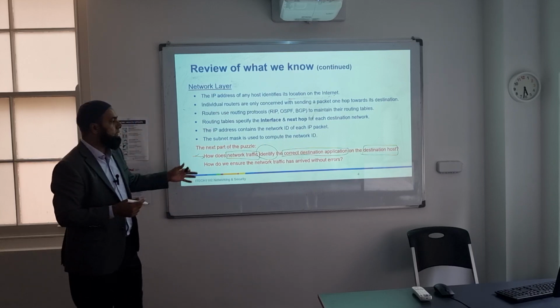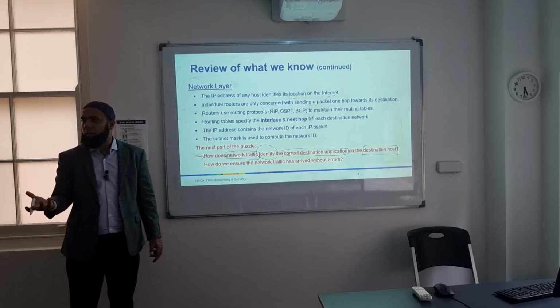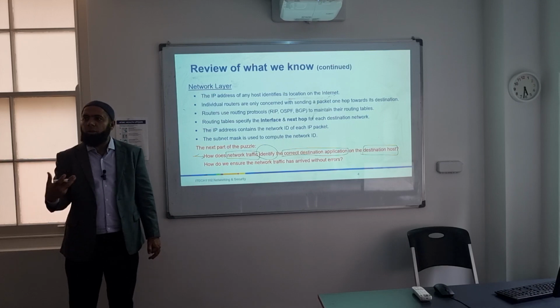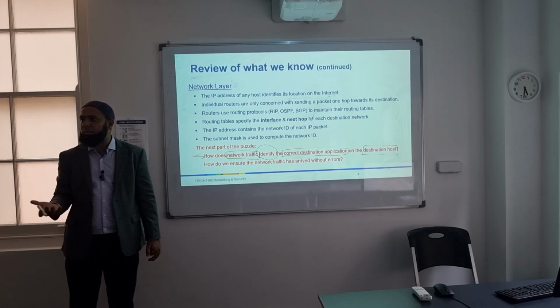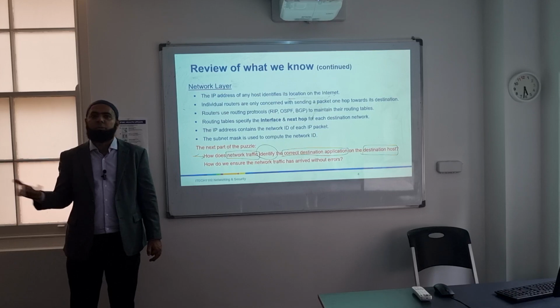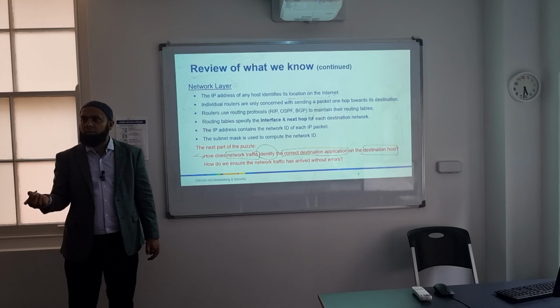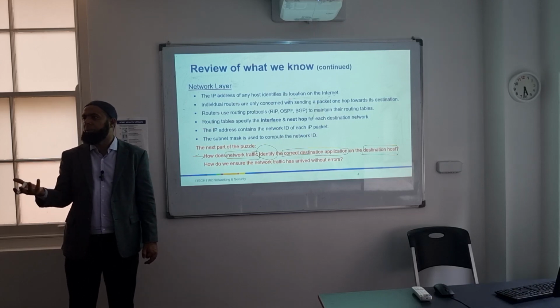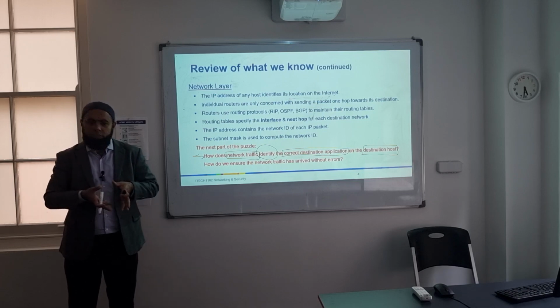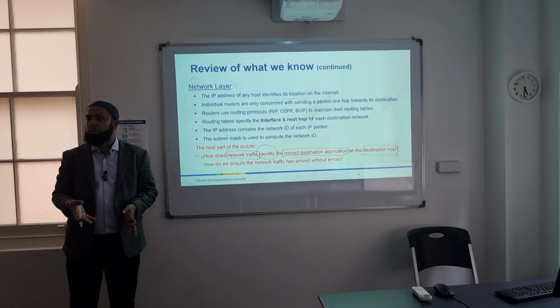That is our main question, where the new character enters, known as the transport layer. The transport layer's job is to find the correct app, because now our data is just at our doorstep.